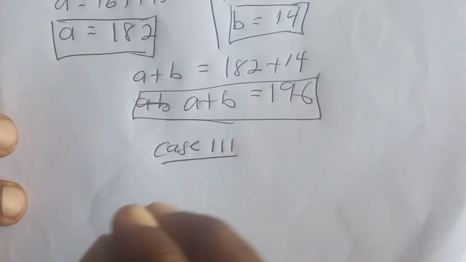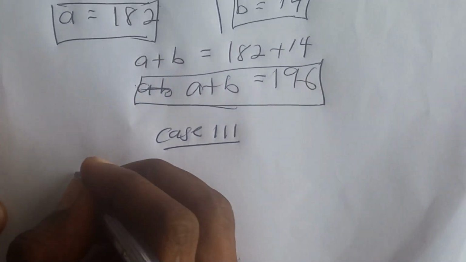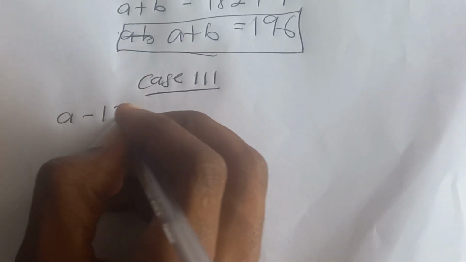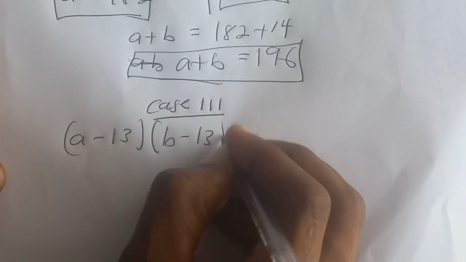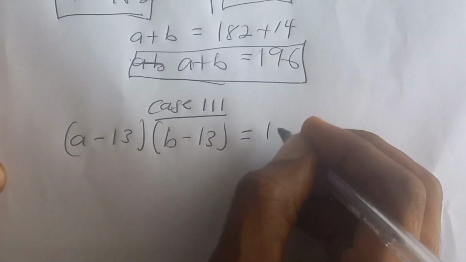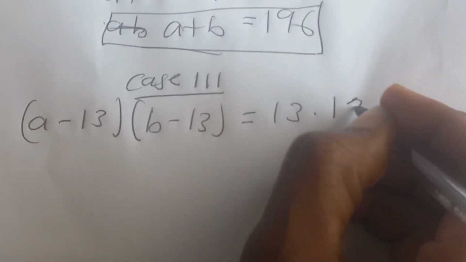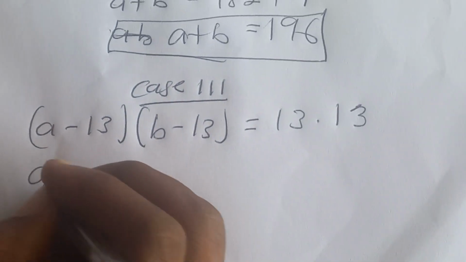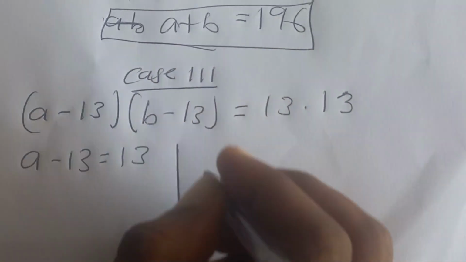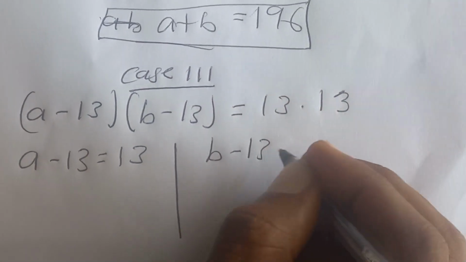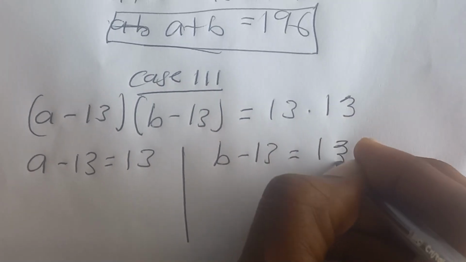Now let's continue the question. So our A minus 13 into B minus 13 is equal to 13 multiplied by 13. So our A minus 13 is equal to 13, and B minus 13 is equal to 13.